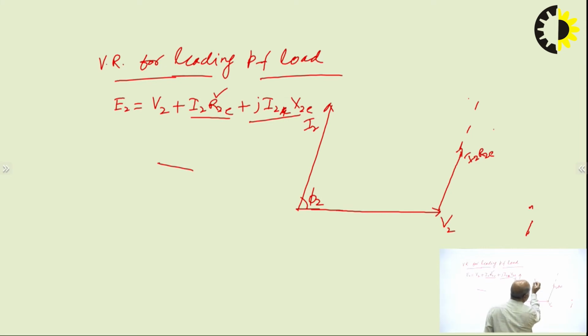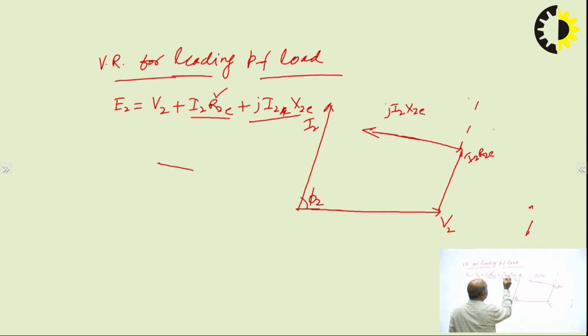A phasor at 90 degrees will be like this, and its magnitude will also be somewhat higher than I2 R2E. So this angle is 90 degrees. Now this is your j I2 X2E at 90 degrees. Now we have added j I2 X2E in V2 also.